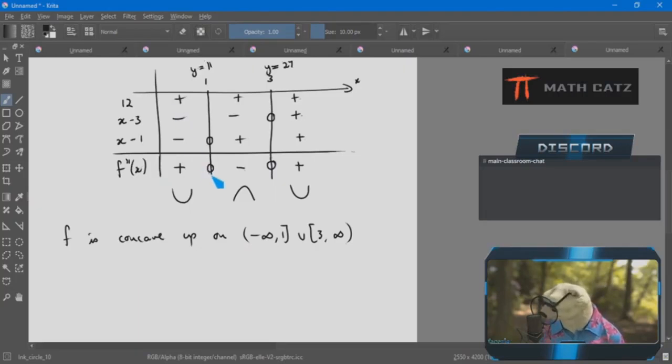Zeros here do not mean horizontal tangents or anything. It's the second derivative. Even though my table method is sort of recycled, it's a different function, different conclusions that I'm making. f is concave down on 1, 3.